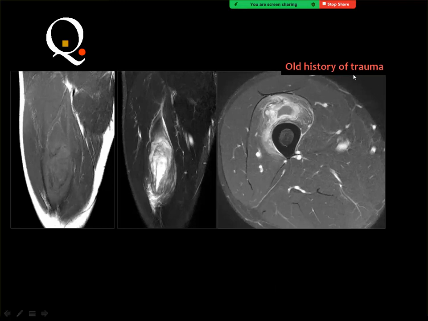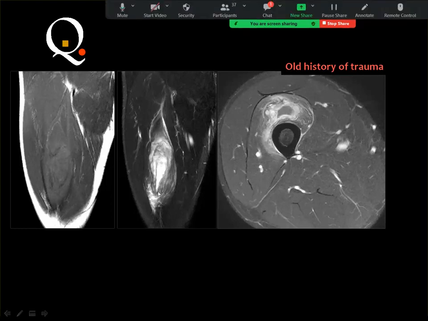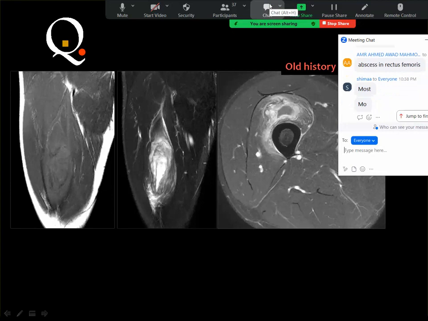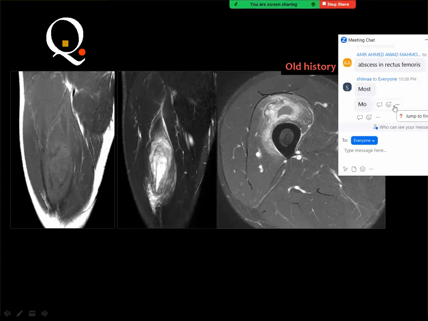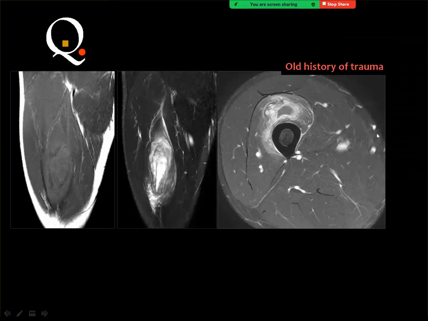This patient had a history of trauma, and you can see a mass in this coronal T1, and this is T2 or stair, and this is post contrast. Actually, myositis ossificans is the right answer.